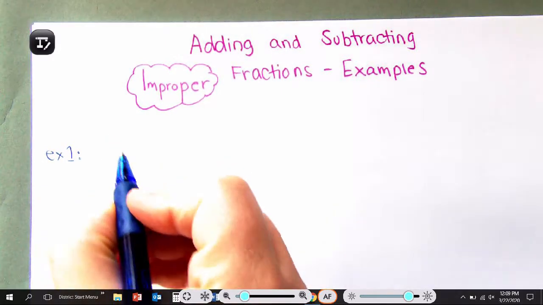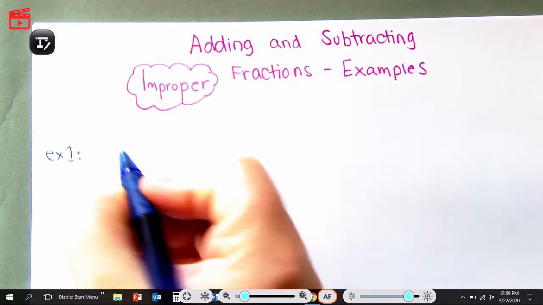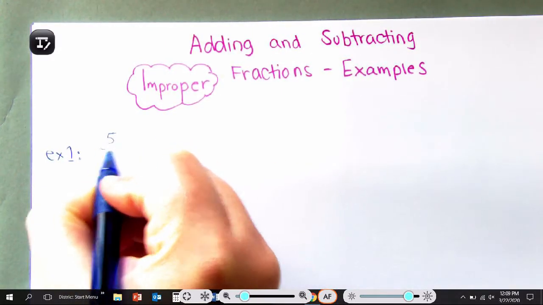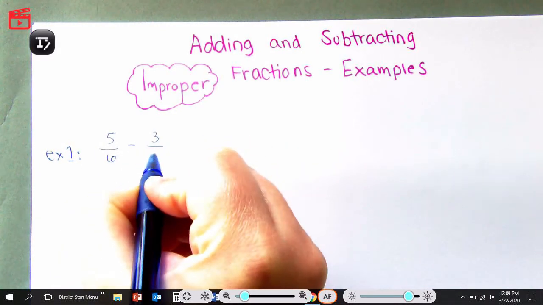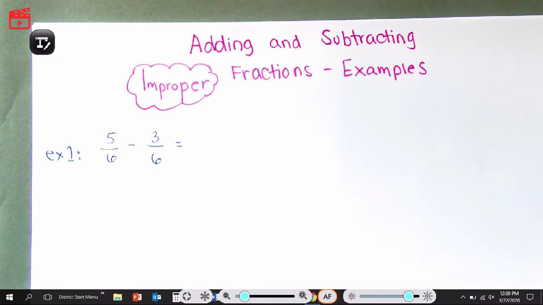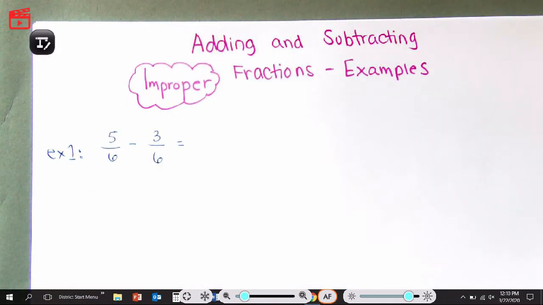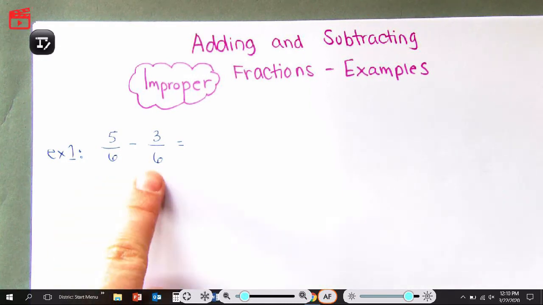So let's go ahead and start something with a common denominator. So let's do 5/6 minus 3/6. So step number 1 is something that is common. So these are common denominator fractions, and we're looking at 6 and 6.